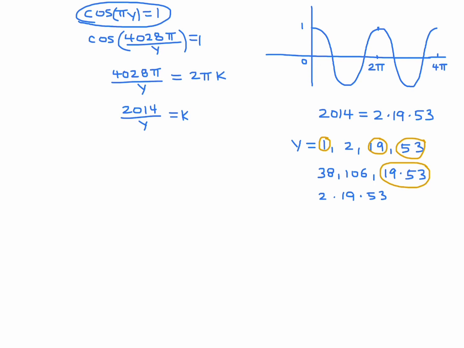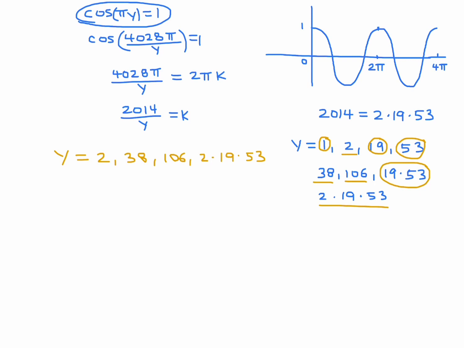So those ones we can't include because we have to ensure that it gives me 1 for both. So the only ones I can use are 2, 38, 106, and 2 times 19 times 53. All right, so my y values are 2, 38, 106, and 2 times 19 times 53.